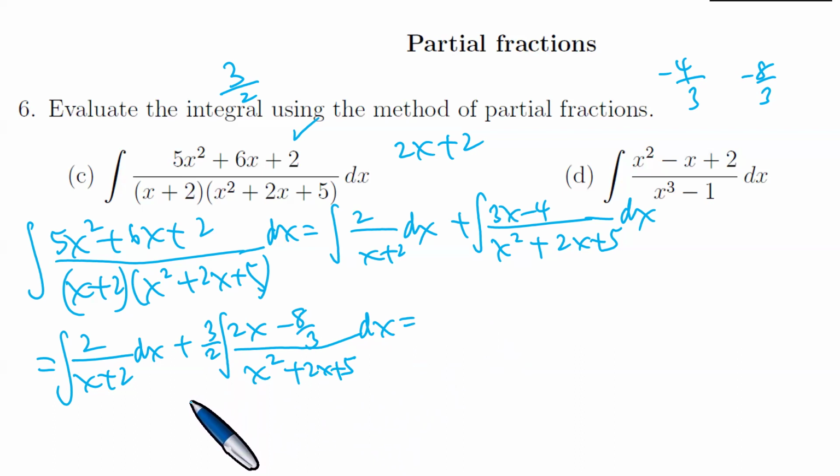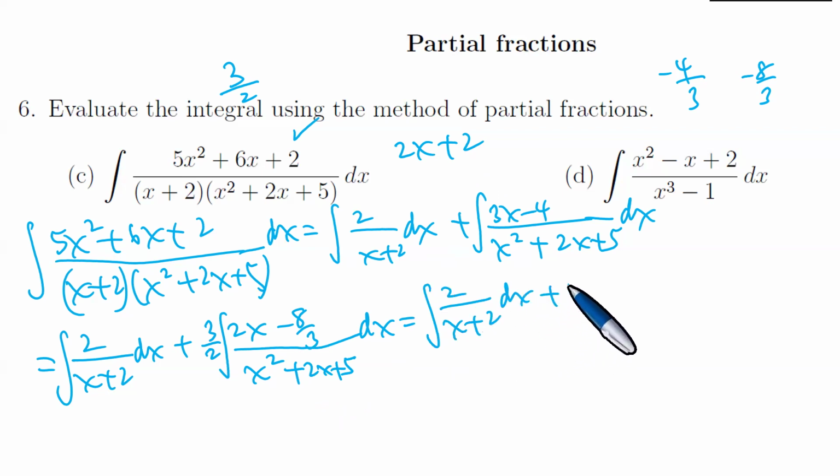Now, you want a plus 2 to come out of this. You want a plus 2 to come out of that. And to get a plus 2 coming out of this, you need the integral, plus 3 out of 2, 2x, 2x + 2.